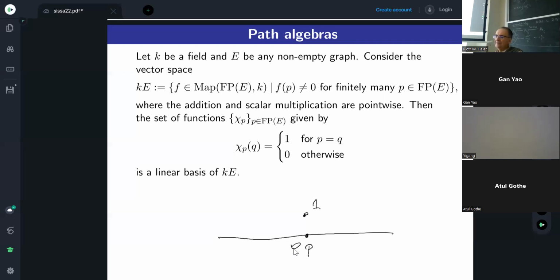Is it a basis in the sense of Hamel? No, it's just the regular basis, so finite linear combinations. Because your function is finitely supported, it suffices to take finitely many p's to have them in the span. Okay, good.